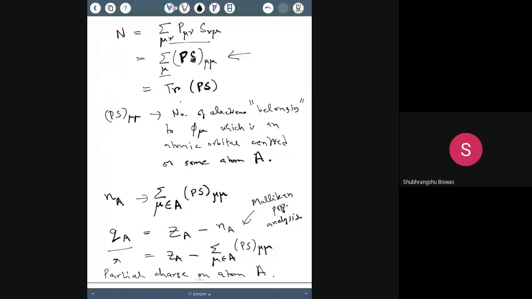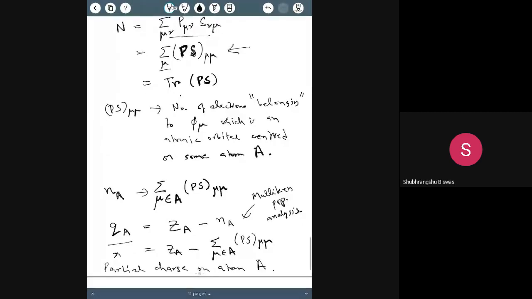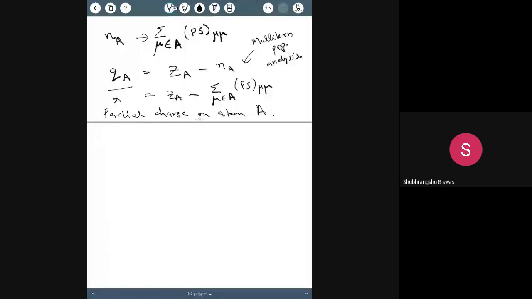Okay. Now notice, now we will see why this is not such a rigorous concept. See, the number of electrons is the trace of PS, and the trace of AB is equal to the trace of BA, right?